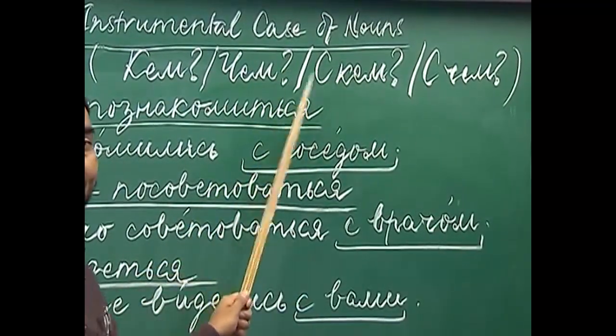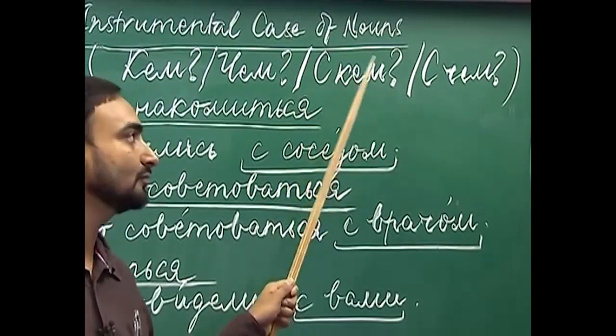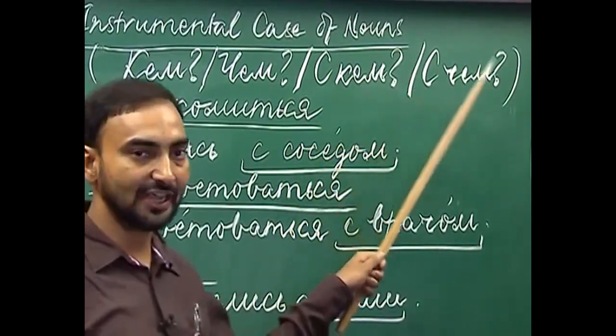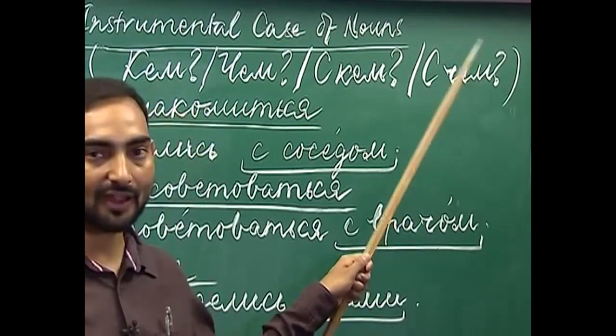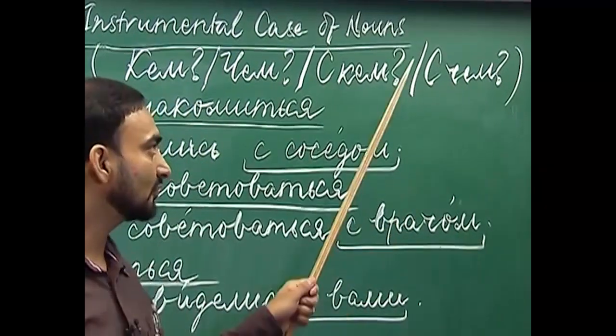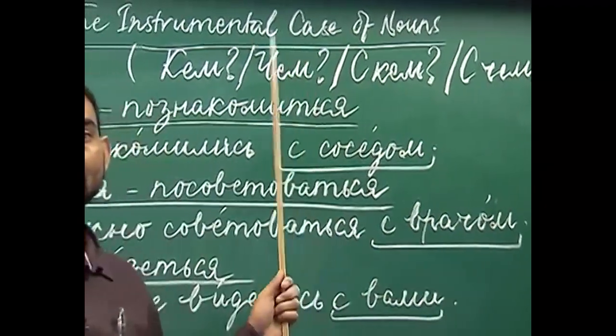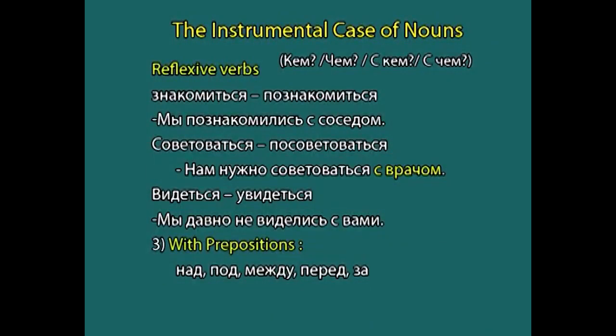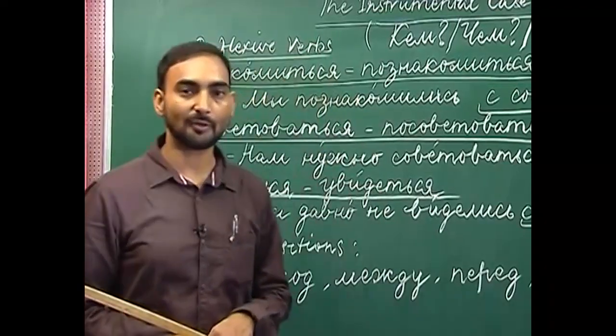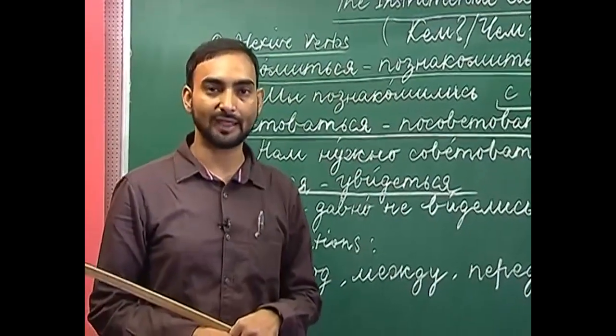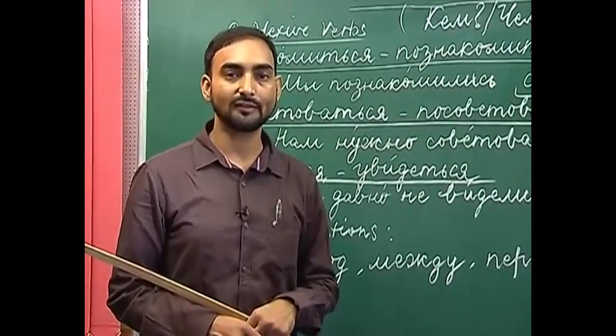With preposition с кем, or with whom, с чем, again с чем requires inanimate nouns. So, with what? So, these are the interrogative words that the instrumental case of nouns answer. So, this is all about the introduction of the instrumental case. Now we will move on to our next topic.